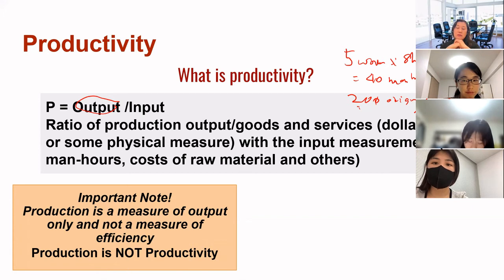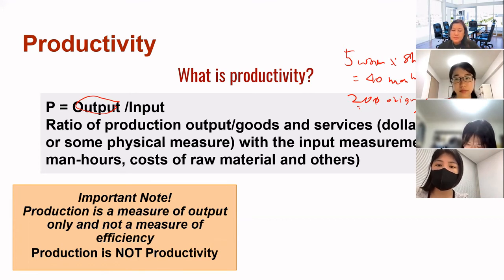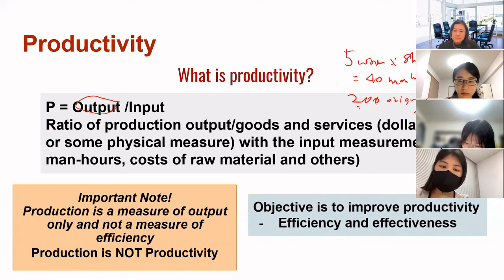My production is high, but production is only output, not productivity, because production must be measured against some inputs. Then only we talk about productivity.